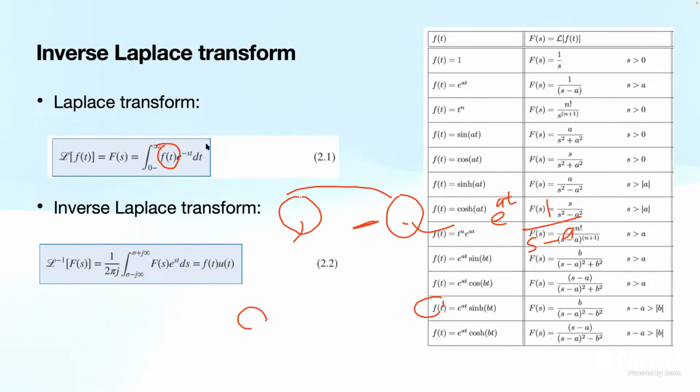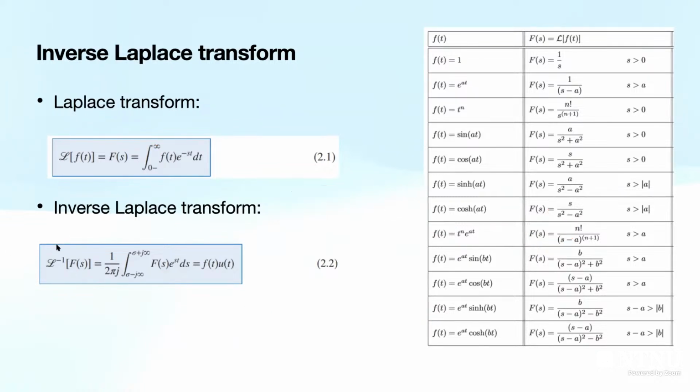If you need to do the inverse Laplace transform, we need to do the opposite. So the inverse Laplace transform of F of s will be this integration of F of s, because I need to convert F of s into f of t, right? In fact, we don't need to do this because we can just use this table.